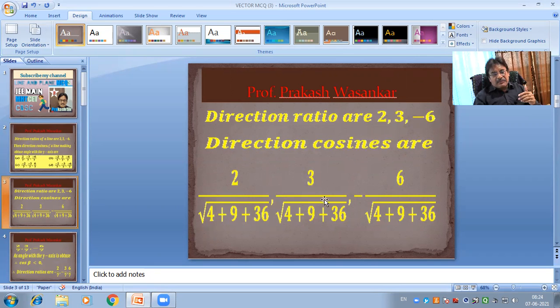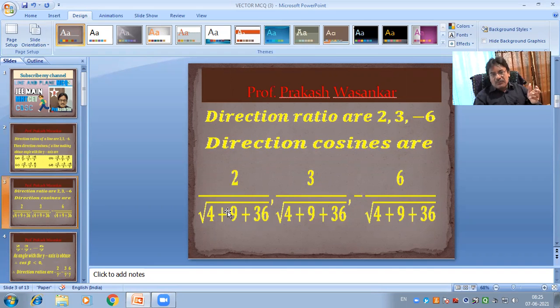Similarly here 3 upon, again the denominator is equal, that is under root 4 plus 9 plus 36, and minus 6 upon under root 2 square, that is 4, plus 3 square, that is 9, plus minus 6 square, that is 36. Then we add this, so we get 49, that is under root 49.